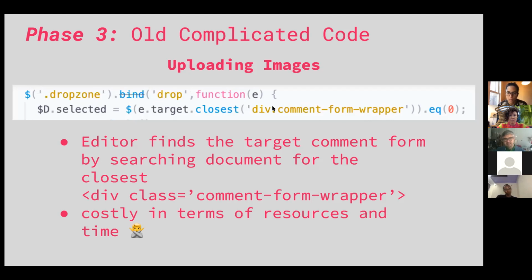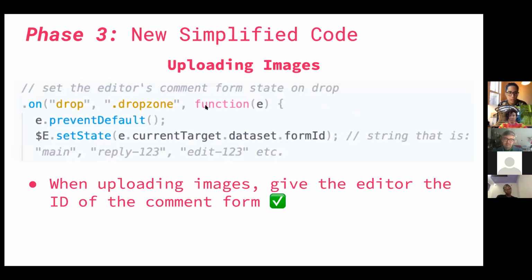This isn't the greatest way to do that because it's not very efficient in terms of resources and time. The comment editor has to search through all the HTML elements on a page, and there can be a lot of elements on the page, so it's wasted time. So instead, what I did was, when the user drops an image onto a drop zone, I wrote this new method called setState.